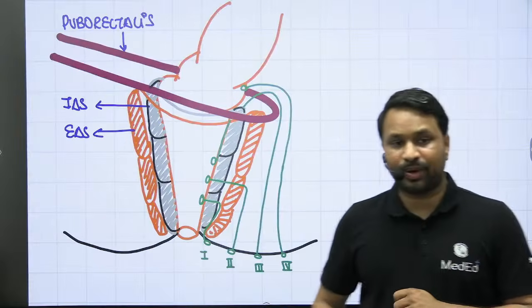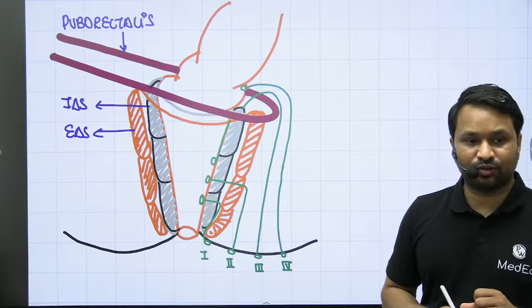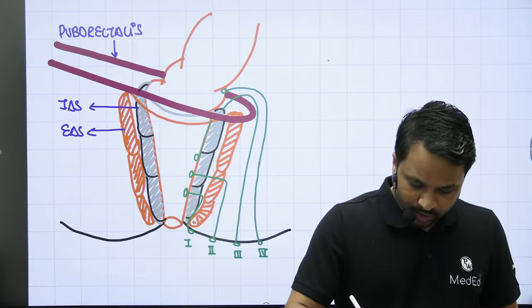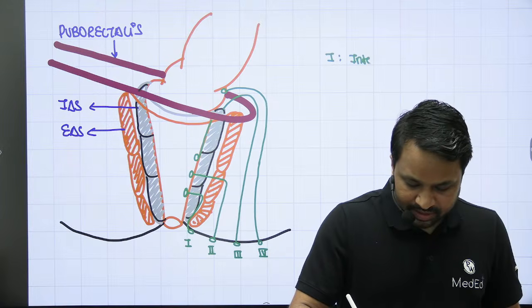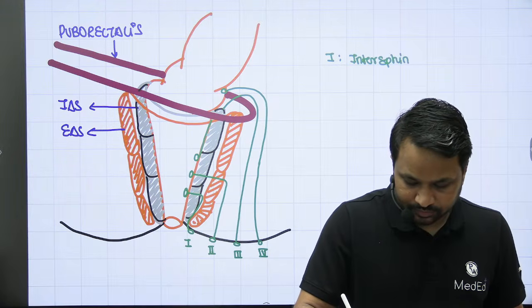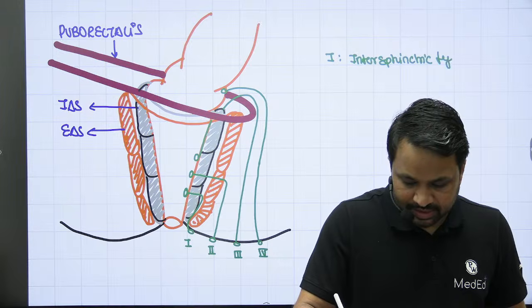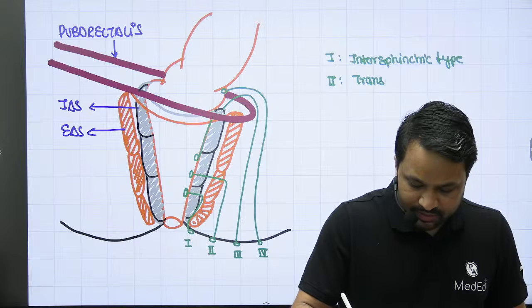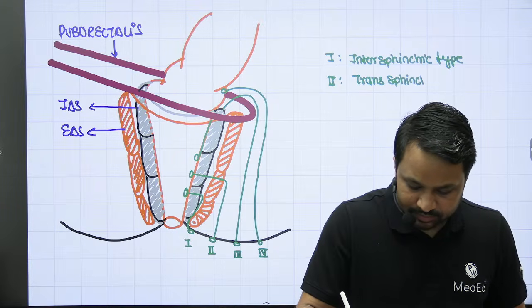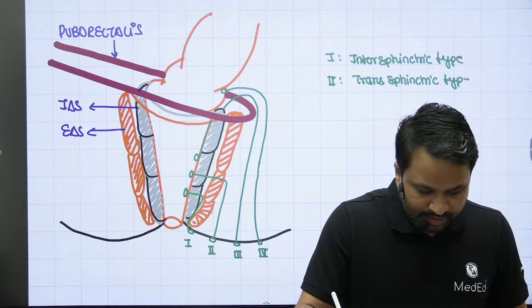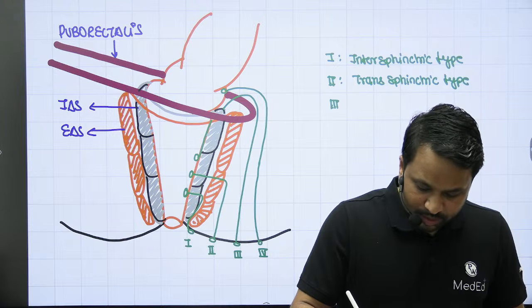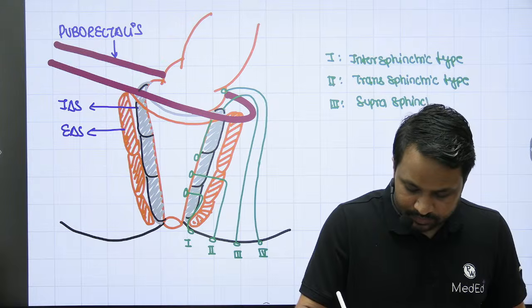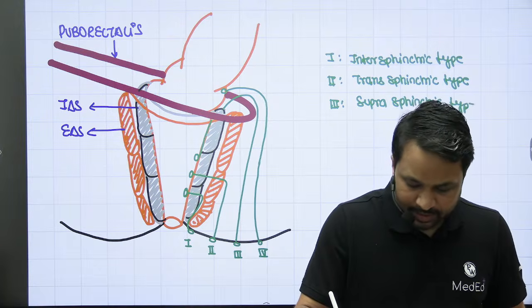So according to the Parkes classification, these are the 4 varieties of fistula in ano. The first variety is the intersphincteric type. Type 2 pierces both and is the transsphincteric variety. Type 3 is the suprasphincteric type.